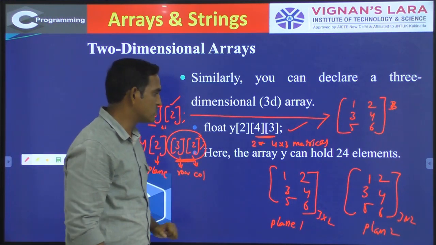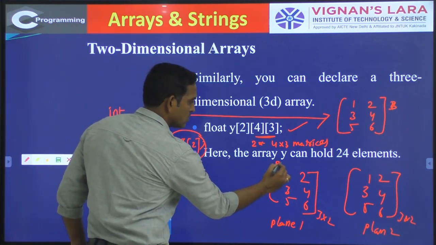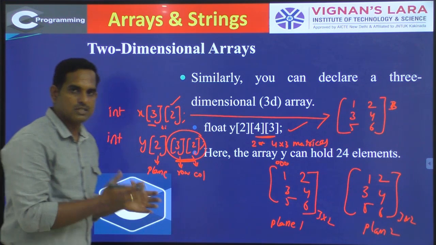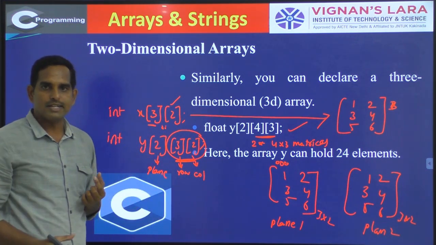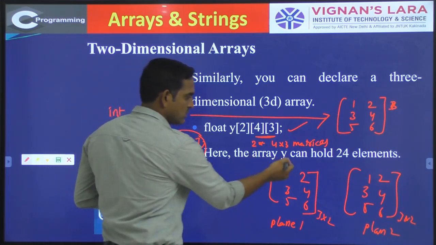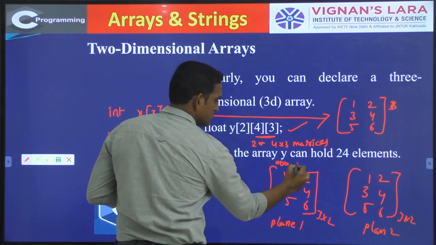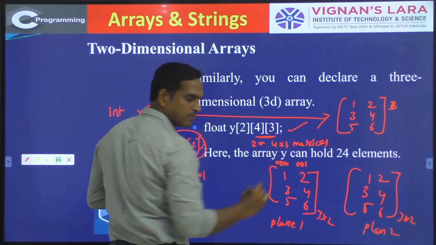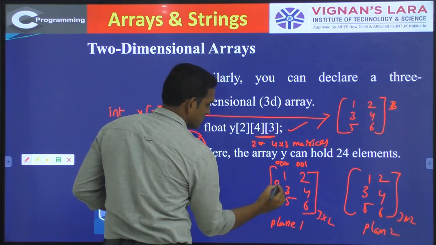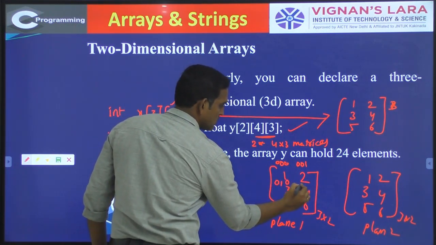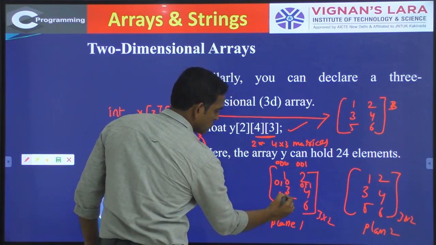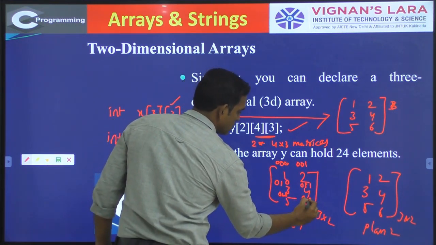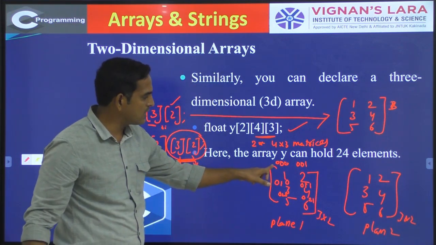Here your indices will start from 0 0 0. Since it is a 3-dimensional array, it will be having 3 indices. So 0 0 0 and in the same manner 0 0 1, 0 1 0, 0 1 1, 0 2 0, 0 2 1. The first part will represent the plane.